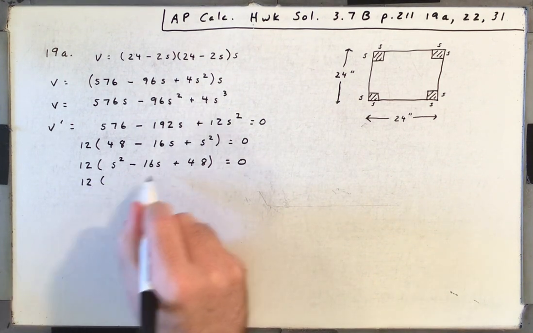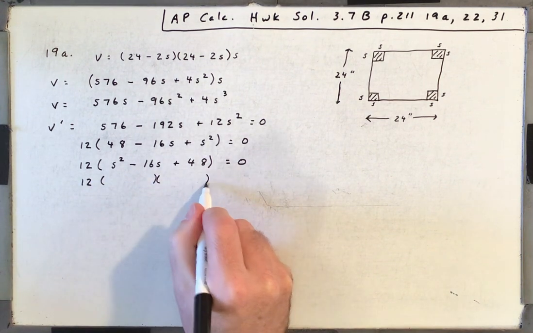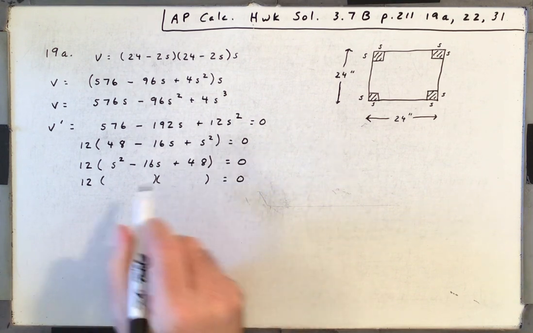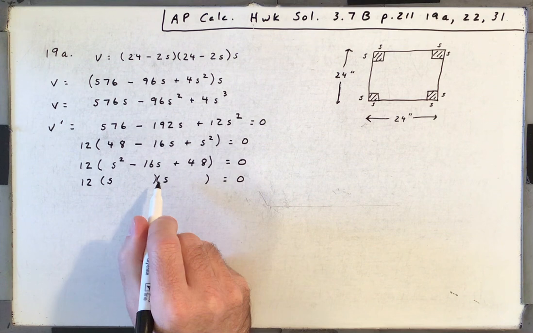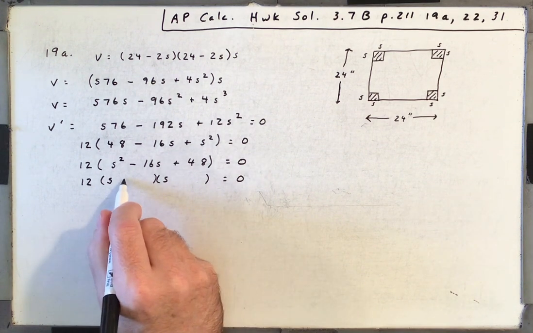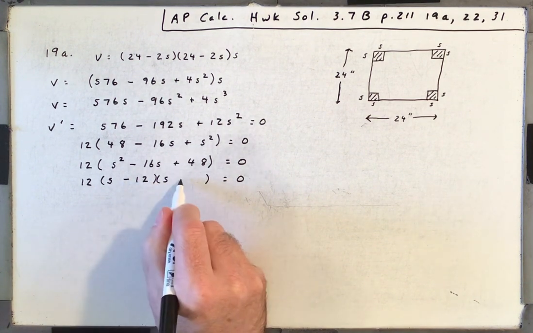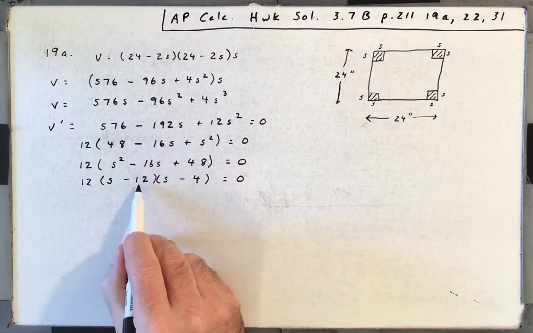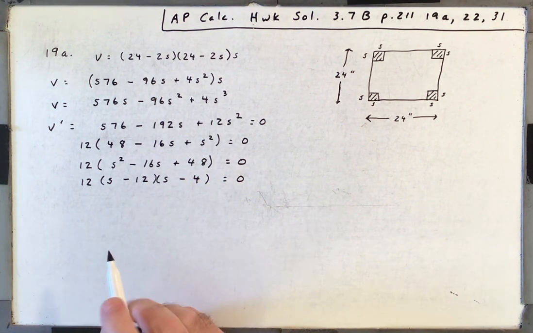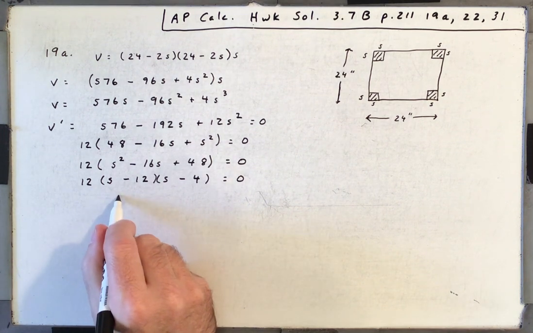And now we can factor this. You could also use the quadratic formula if you don't want to bother factoring this. But it factors into minus 12 and minus 4, right? 12 times 4 is 48. 12 plus 4 is 16. So we would have two answers here.